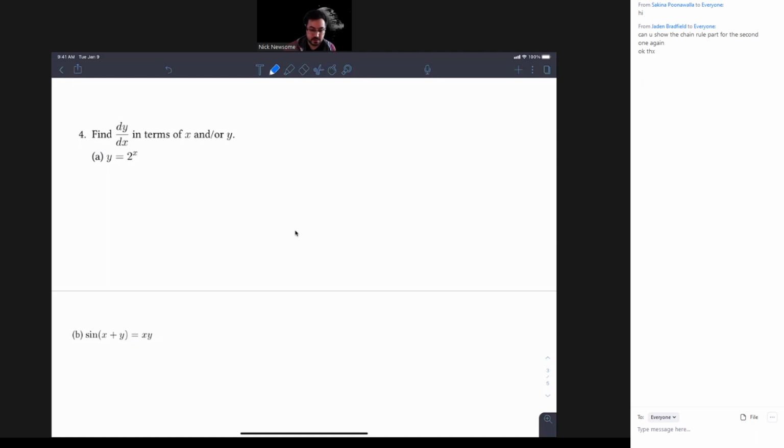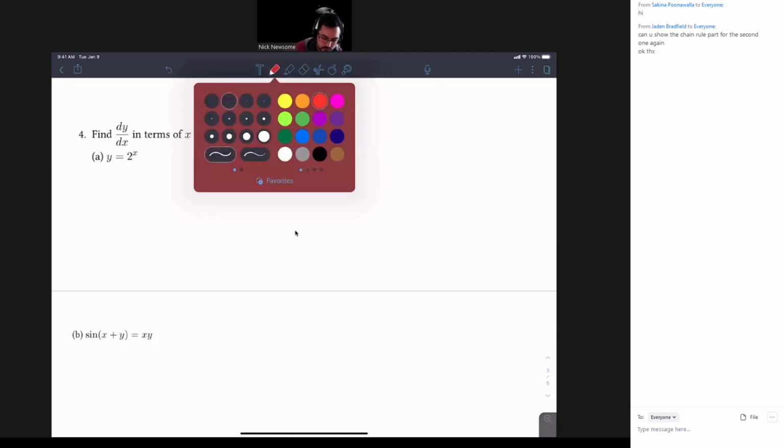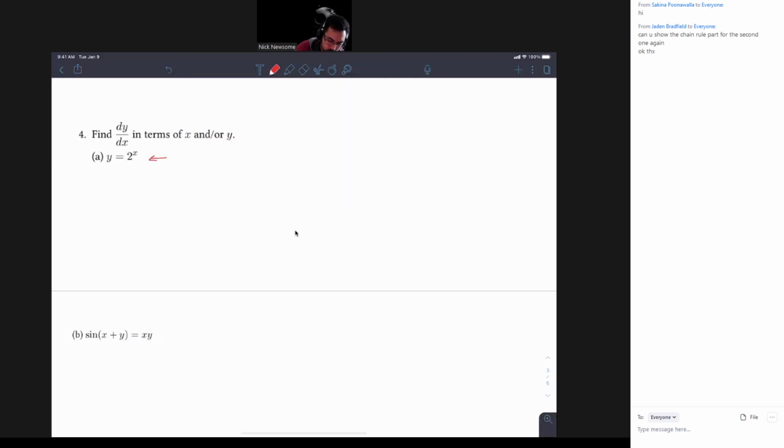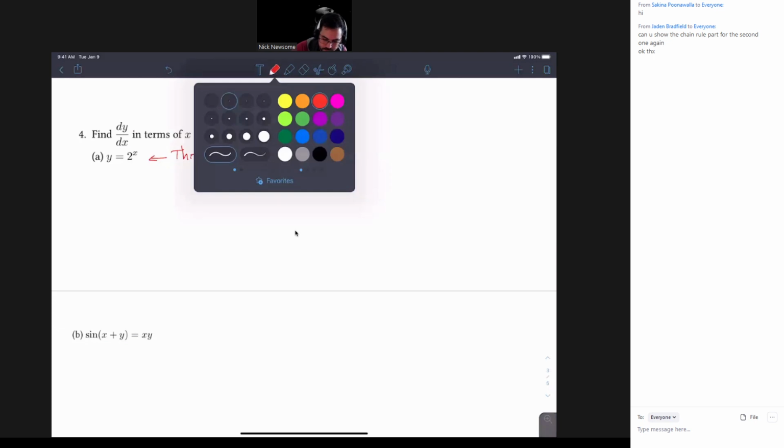This is not power rule. The x shows up in the exponent. It's a number raised to the x power. Power rule is x raised to a number power.